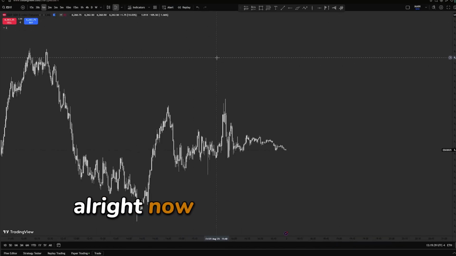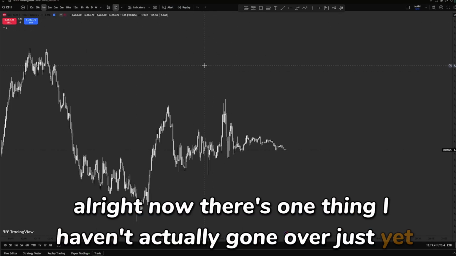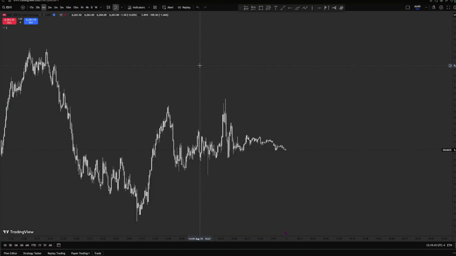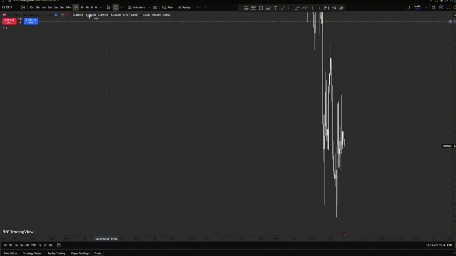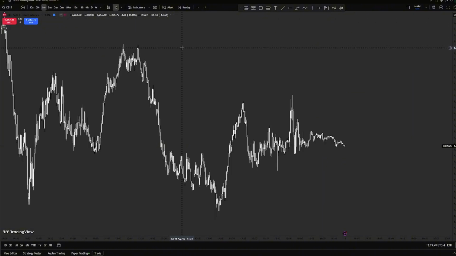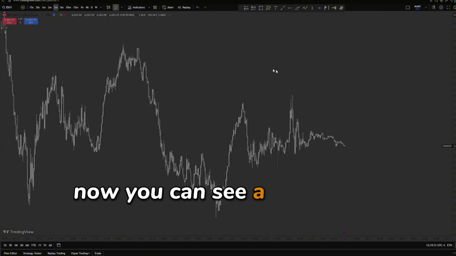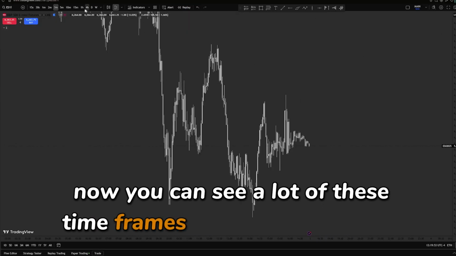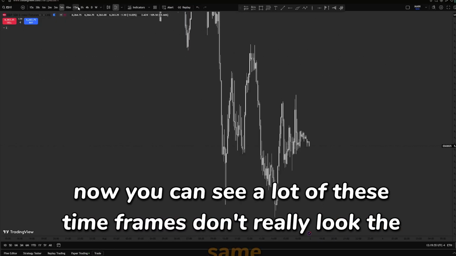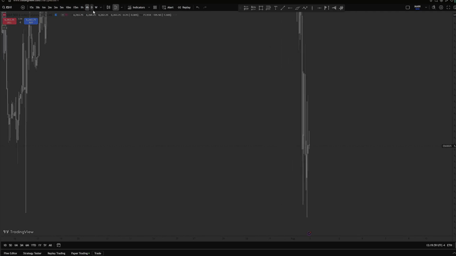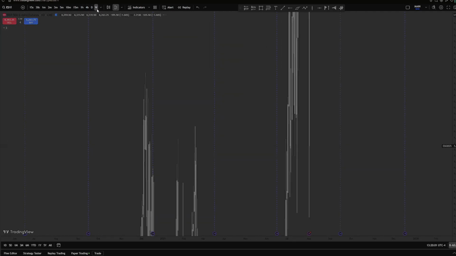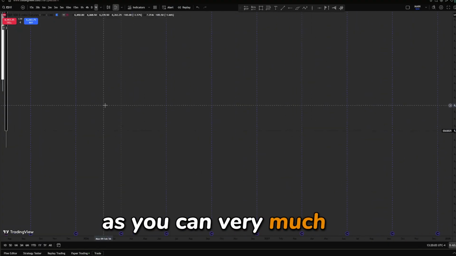Alright, now there's one thing I haven't actually gone over just yet, and it's time frames. Now, you can see a lot of these time frames don't really look the same, as you can very much see.